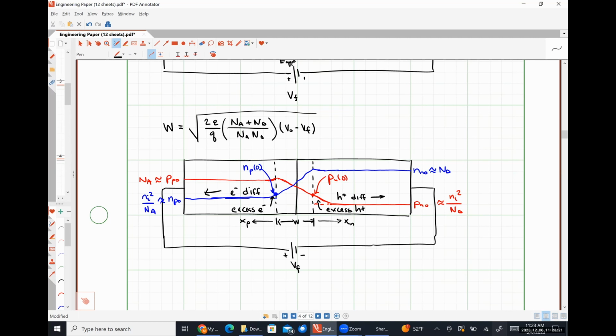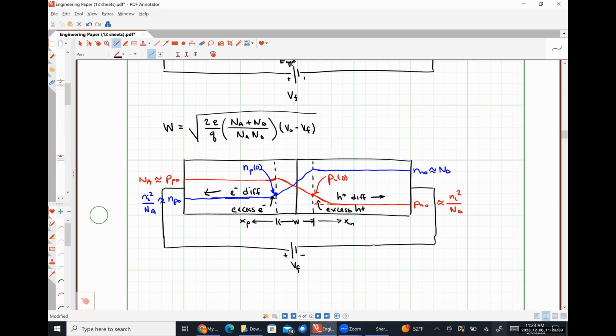Okay. So these excess carrier concentrations, I'm calling them excess because they are above what our thermal equilibrium levels are, there because of a process called minority carrier injection.